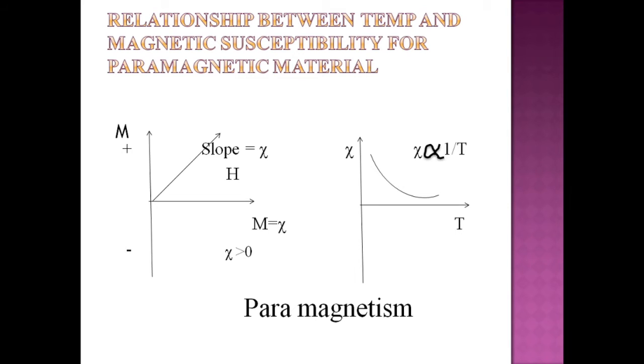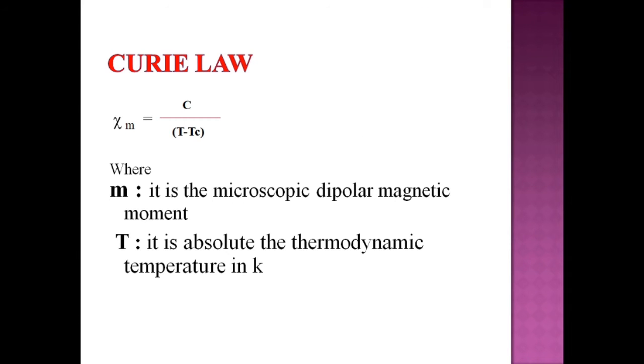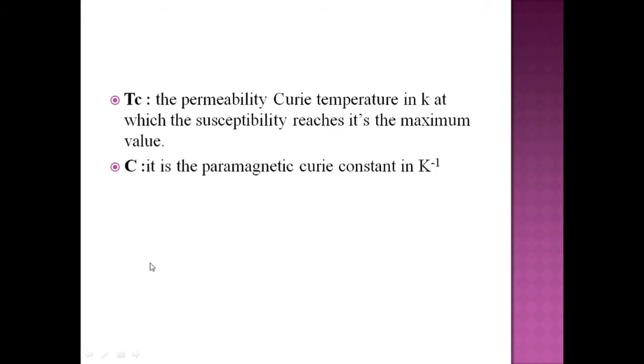This is the relationship between temperature and magnetic susceptibility for paramagnetic material. This is the expression for Curie's law, where m is the microscopic dipolar magnetic moment, and T is the absolute thermodynamic temperature.